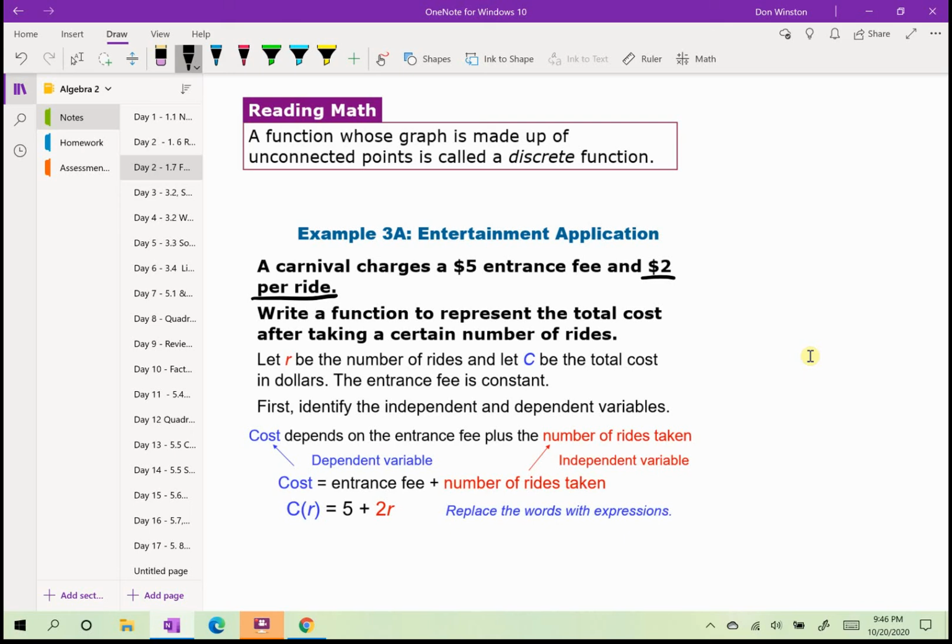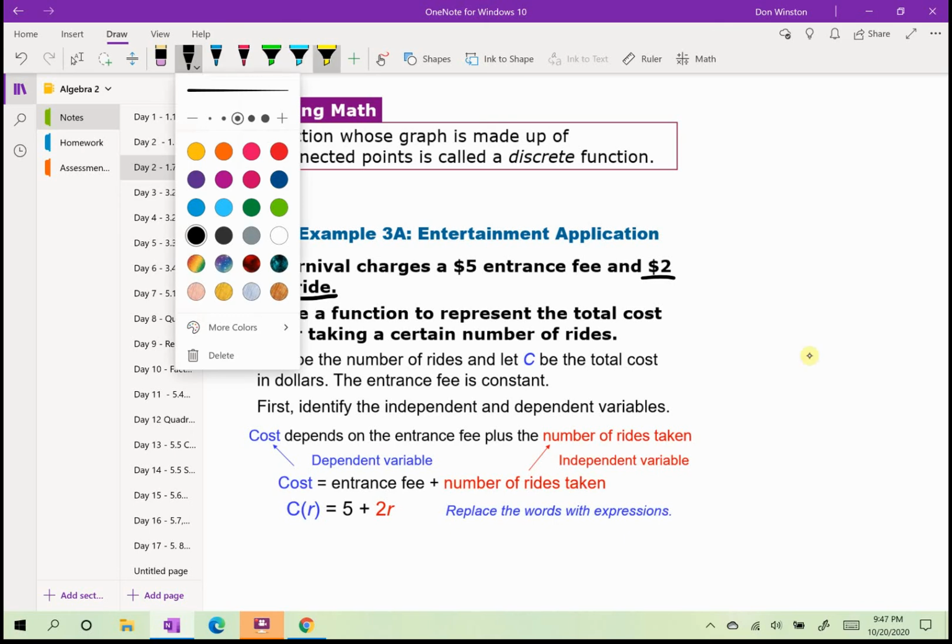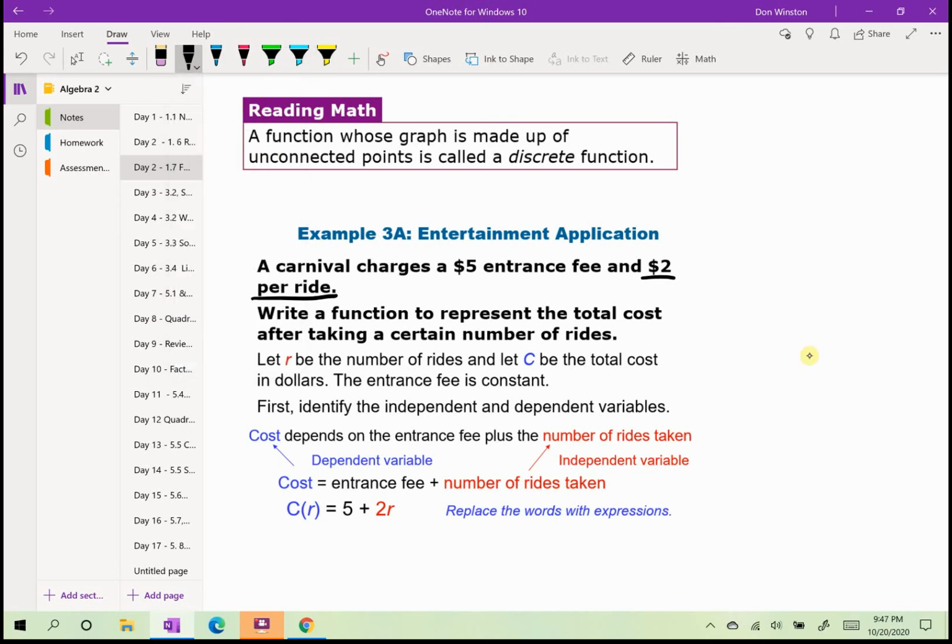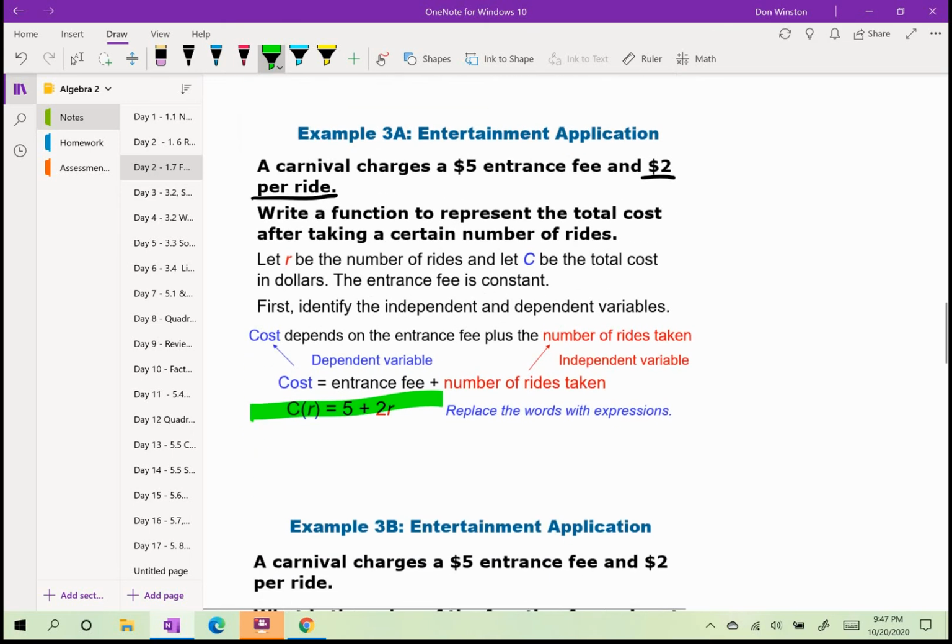So here they say cost depends on rides. C, the cost, is a function of R, the number of rides. So C of R is equal to 5 plus 2 times R. $2 per ride.